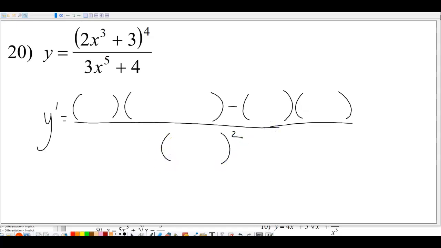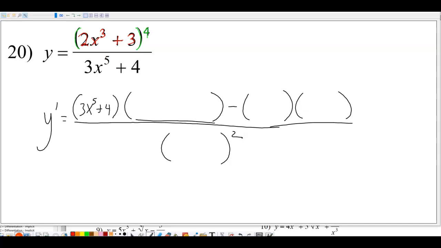All right, so let's do it. Low is the bottom piece there, so that's 3x to the 5th plus 4. D high, that's the derivative of the top. Now, to find the derivative of the top, you got to understand, once again, we're looking at a chain rule. I've got an outside function, and I've got an inside function.